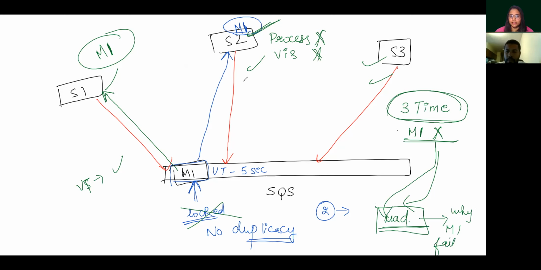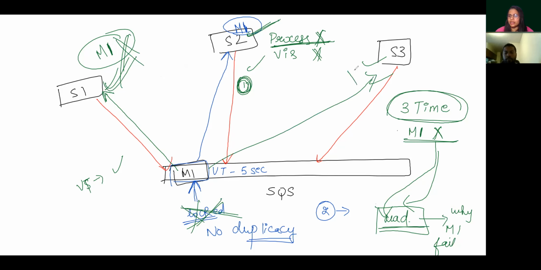So first, S2 detected it, but it was not able to process it. The lock was opened, then S1 detected it, and it was again not able to process this message. Then the lock was opened again, and they sent it to S3.